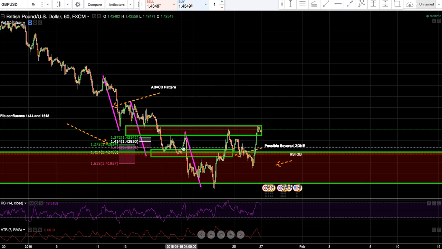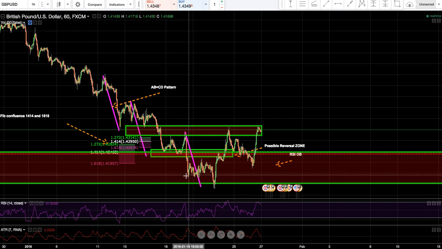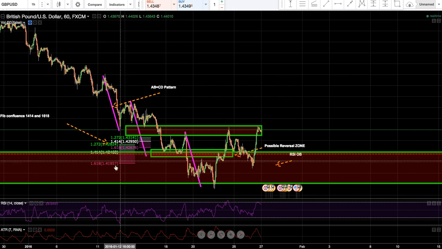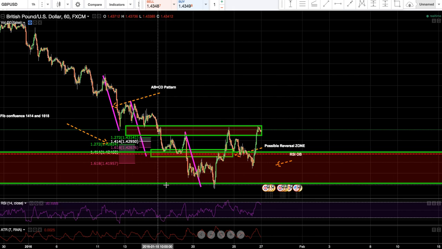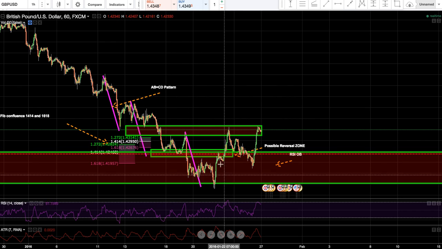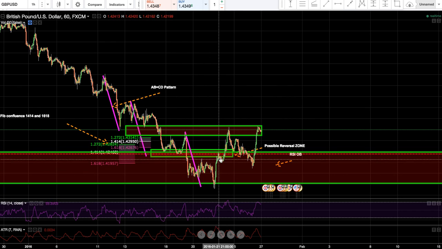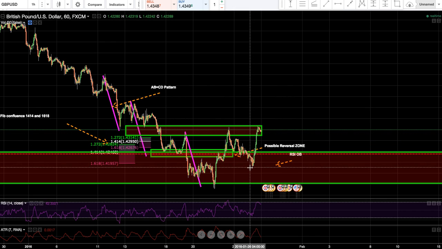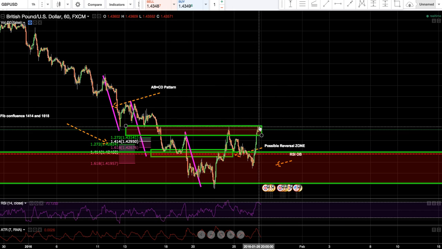We got a pullback right here, but then the market went straight back down, and then we are in this red zone we drew, right? And as you can see, the market went into this red zone and went right back up. It's coming down into the red zone and went right back up, right?